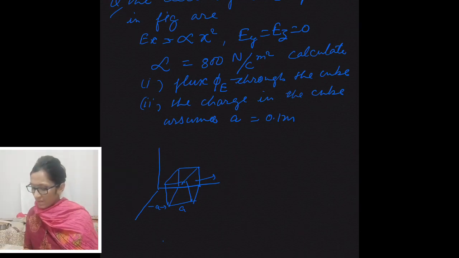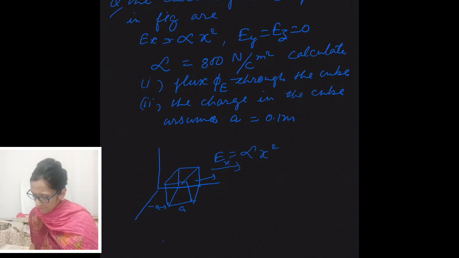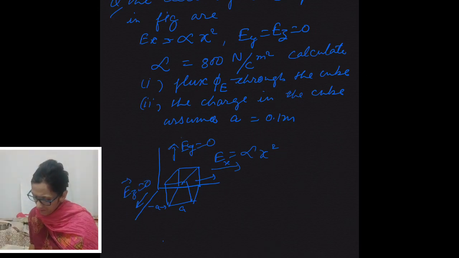Now next one, an NCERT question. The electric field components in this figure: Ex is given as alpha x square, meaning the electric field in this direction is E equal to alpha x square, but Ey and Ez are 0, meaning along this direction Ey is equal to 0, and also in this direction Ez is equal to 0.